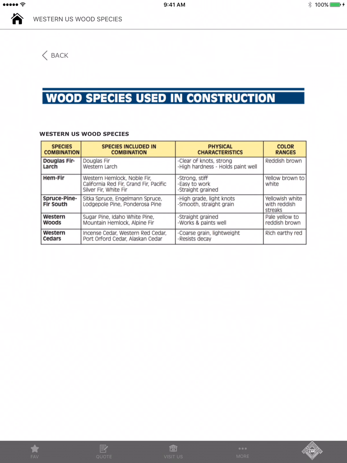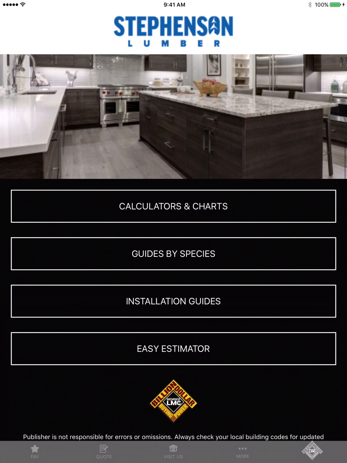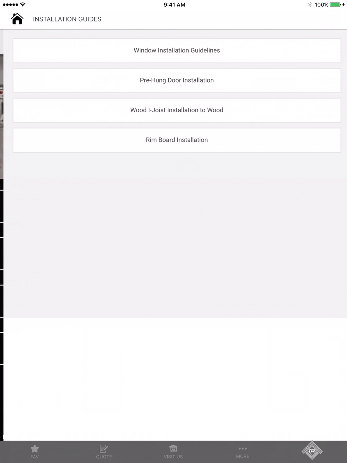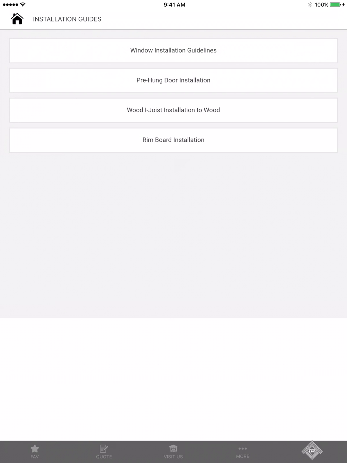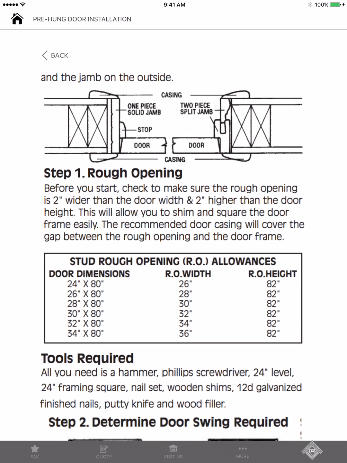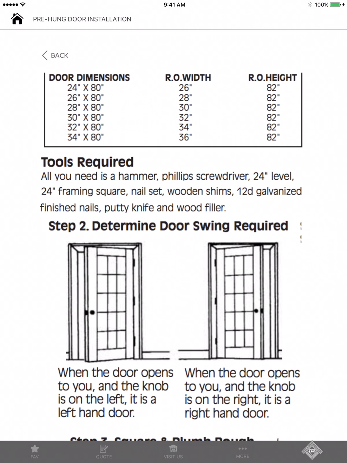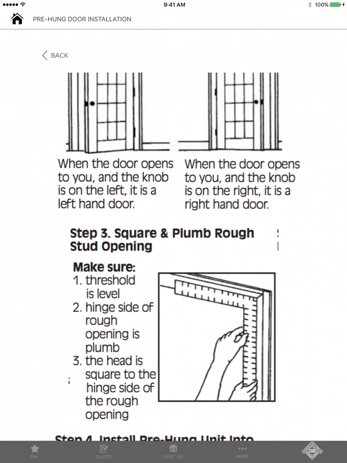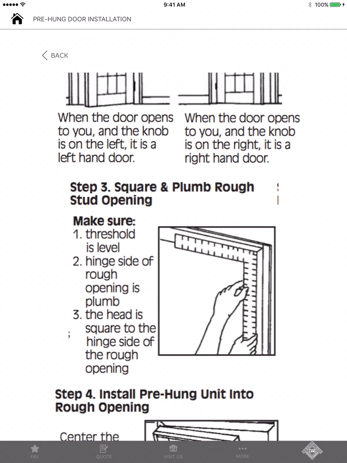Let's go back again to the home page, and we'll show you the installation guides. And in this case, we're going to look at pre-hung door installation, and you can see here a graphical representation and copy that'll help you in how to hang a door.